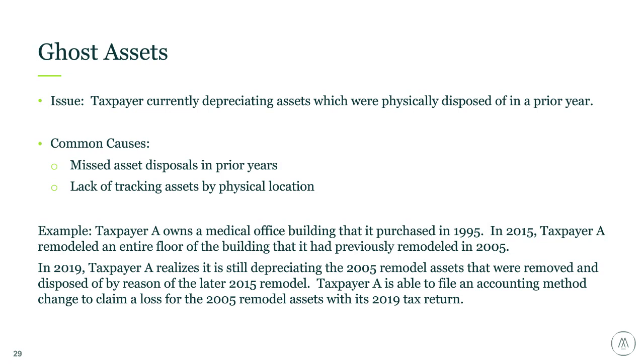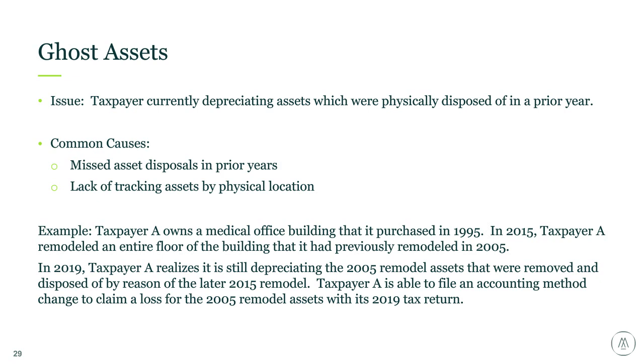So what we might find is, for a retailer, they've replaced the same HVAC unit 3 times at a specific location, but because it's not tracked per that location, the first 2 iterations of that HVAC unit or other machinery and equipment are still on the books being depreciated.